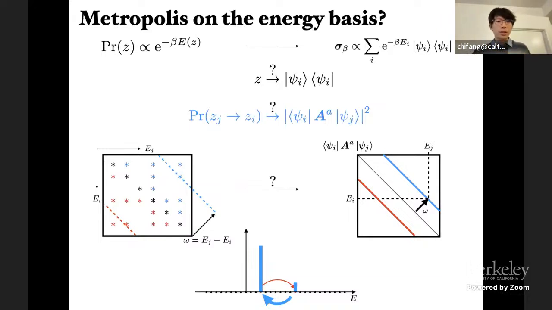So in this picture, if you want to look at this transition matrix that's sorted by energy, it would suggest that you want to look at this band of the same transition energy difference omega. It's like the classical analog. Okay. So this seems somewhat reasonable.